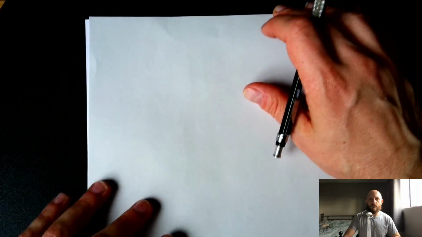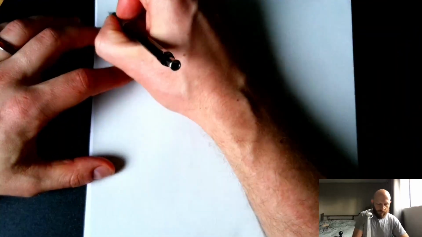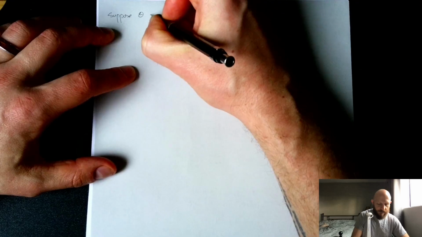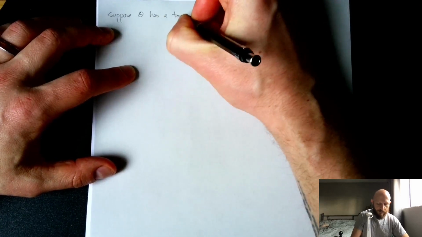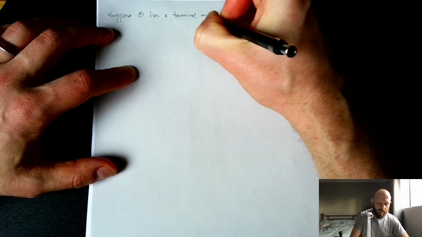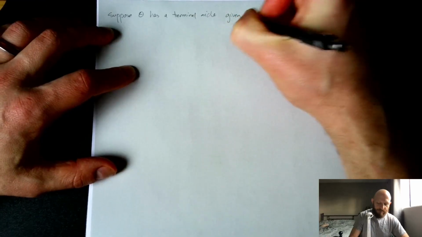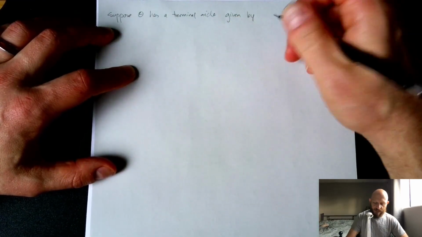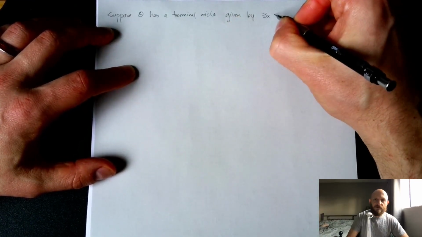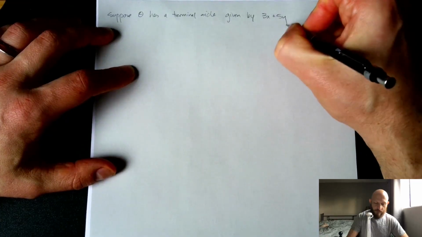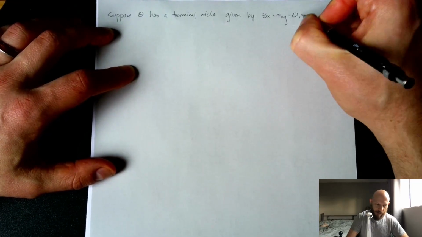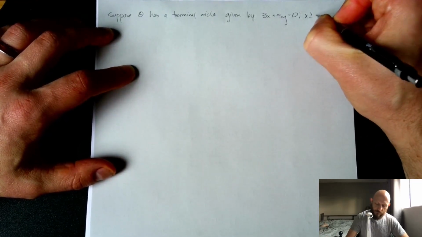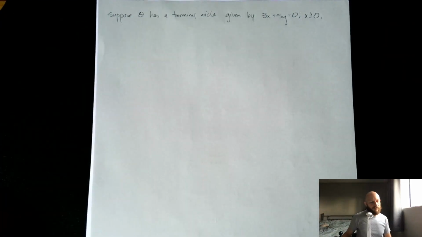So something like: suppose an angle theta has a terminal side given by the equation 3x plus 5y equals 0, where specifically x is greater than or equal to 0.